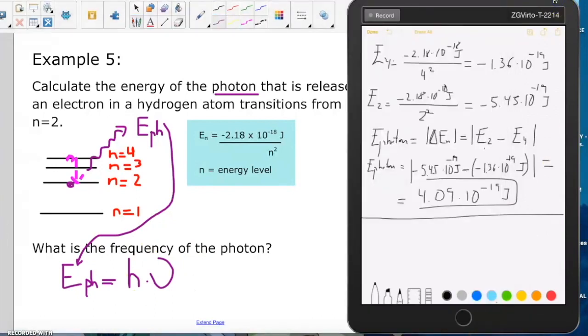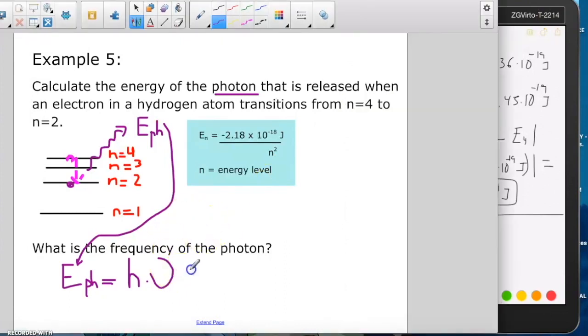So remember, the energy of the photon that we just calculated was 4.09 times 10 to the minus 19th joules. All right, so that's it.